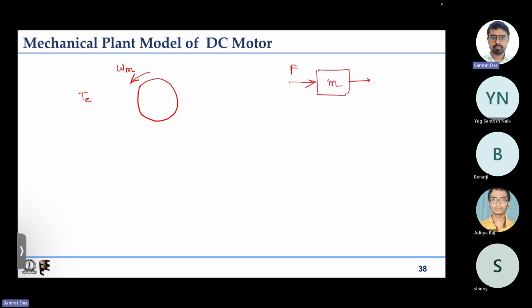If the machine is acting as a motor, then electrically we have to apply the torque that will oppose the inertial torque, that is the opposition that any body gives, according to Newton's law. Any body tries to remain stationary, and it will oppose any change of velocity.